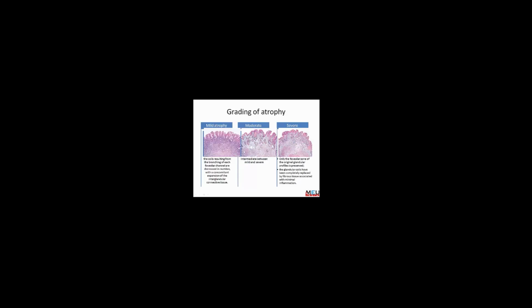And in the severe variety, the coils are almost gone. There is complete flattening, and the glandular coils are completely replaced by fibrous tissue associated with minimal inflammation. Now, indefinite for atrophy is used whenever inflammation prevents a clear distinction between non-atrophic and atrophic phenotypes.